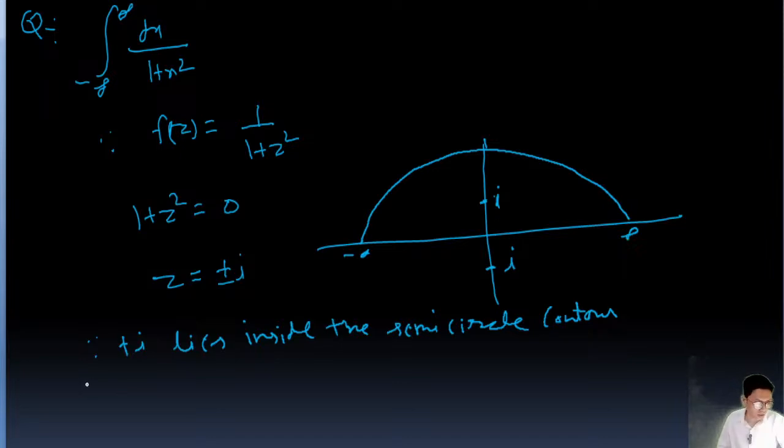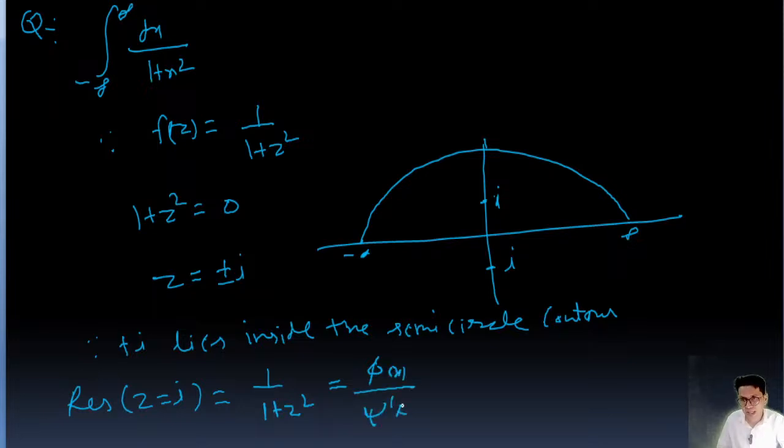So the residue is going to be, well, first we'll find the residue. The residue at z equal to iota is going to be 1 upon 1 plus z square, or we can write this as phi x upon psi dash x. So we can differentiate it.